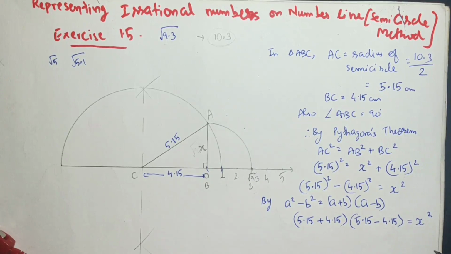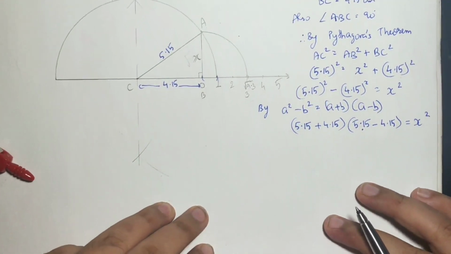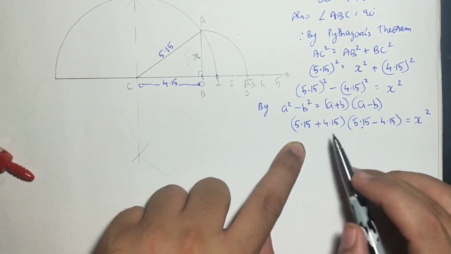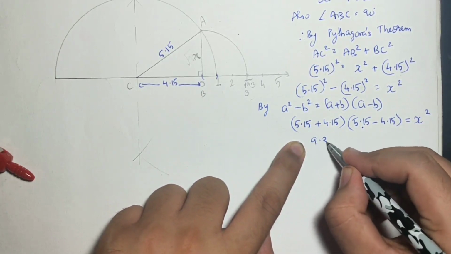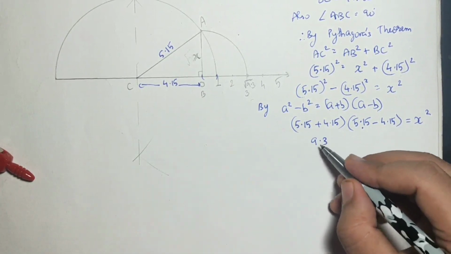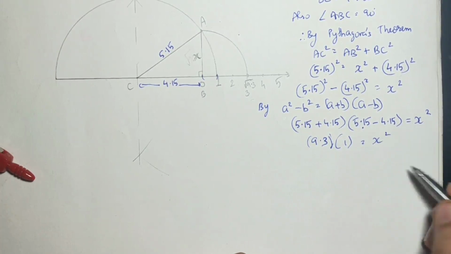Am I right? This 5.15 minus 4.15 will become equal to 1. And in this addition, 5.15 plus 4.15 will become 9.3, and this subtraction will become 1, equals x square.